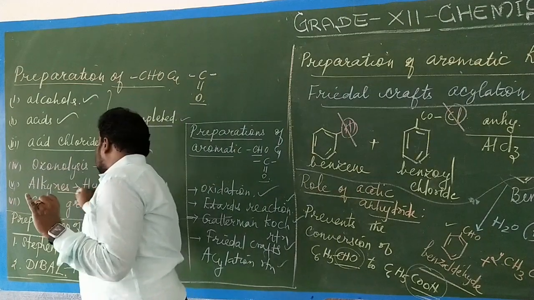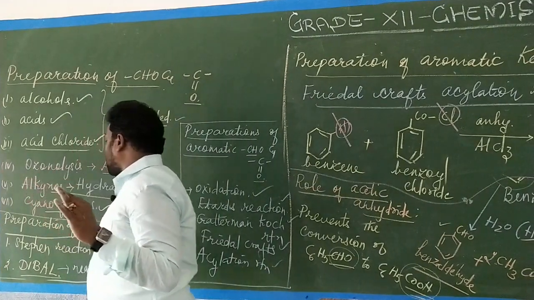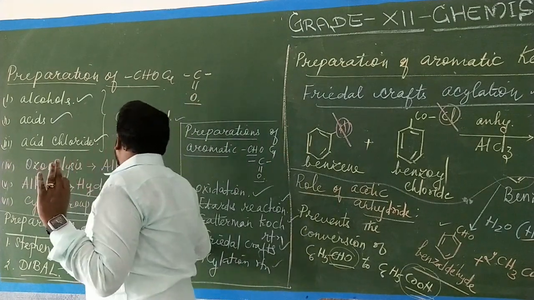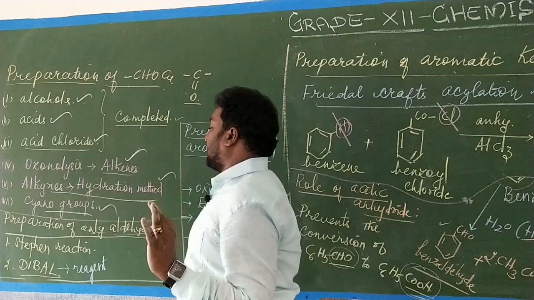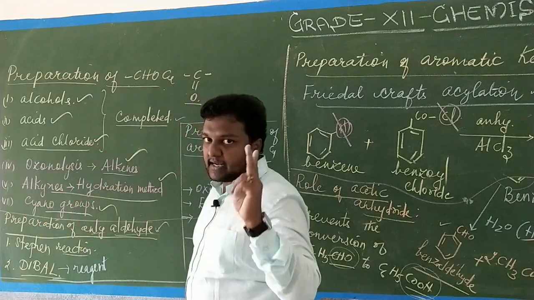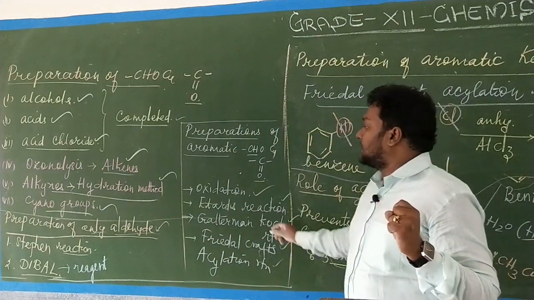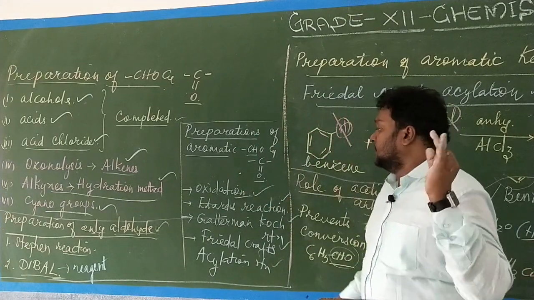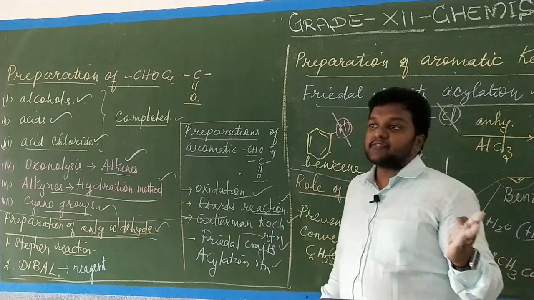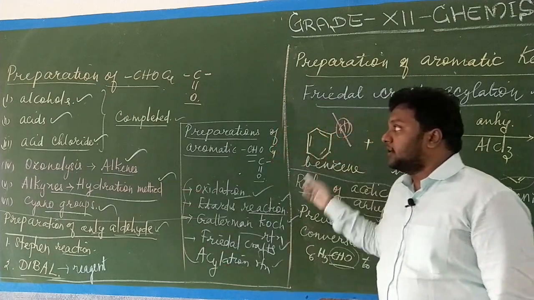For only aldehydes, we have Stephen's reaction and the use of DIBAL reagent. Then for aromatic aldehydes and ketones: oxidation, Etard's reaction, Gattermann-Koch reaction and Friedel-Crafts acylation reaction are all written on the board.